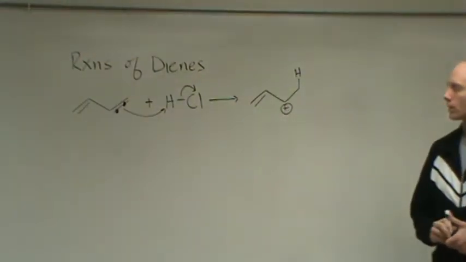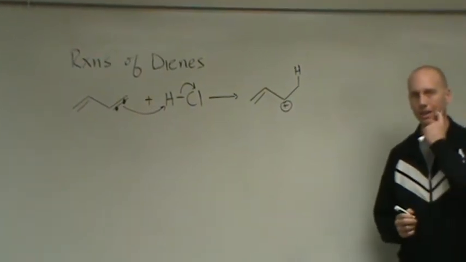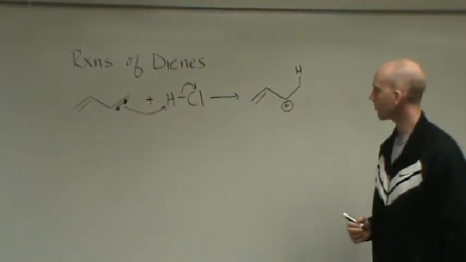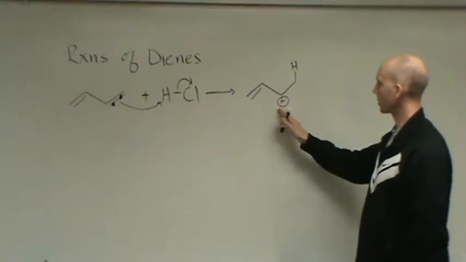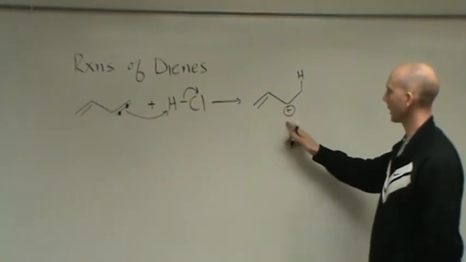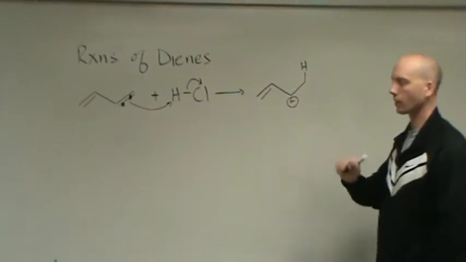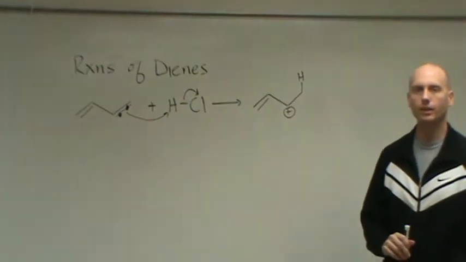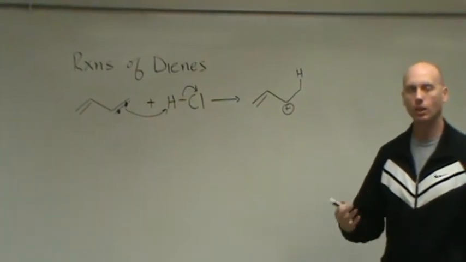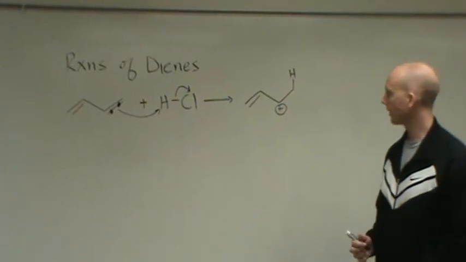And so here is our carbocation intermediate. But if you look at this intermediate, what do we have here? It's the classic definition of an allylic carbocation that we learned last time with resonance theory.